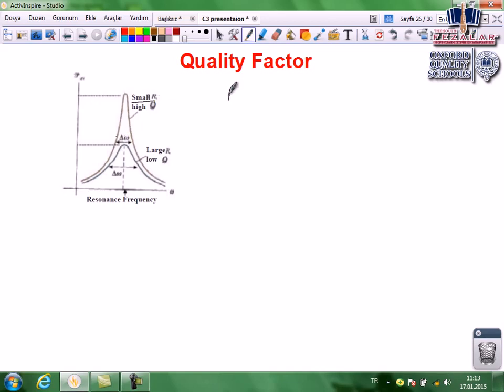Small resistance means the change in omega is small. And when the resistance is large, as you see, the graph will be wide. For a huge amount of resistance, delta omega will be high. So we can say there is direct proportionality between change in omega and R. And we know it is inversely proportional to the coefficient of self-induction.